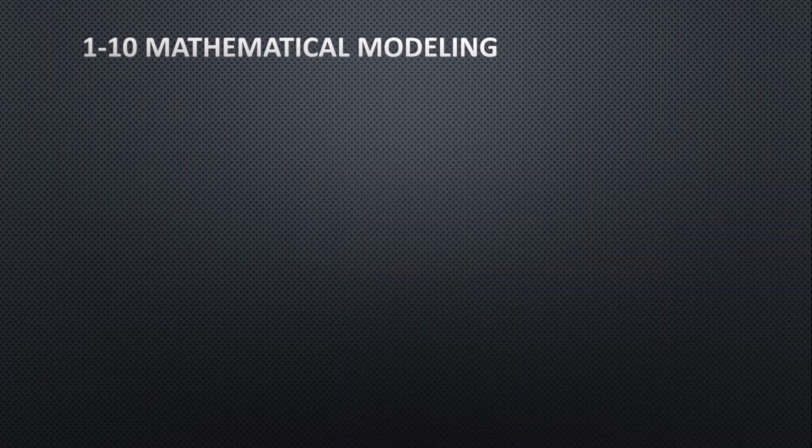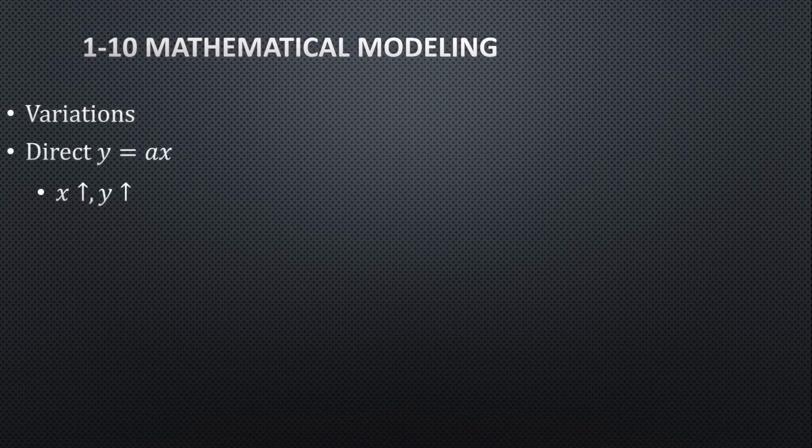The last type of mathematical modeling we'll look at is variations. We have three types of variations. There's direct variation, modeled by y equals ax. It's direct because if x goes up, the y goes up. They go the same way. Whatever happens to the x directly happens to the y. Inverse variation is modeled by y equals a divided by x.